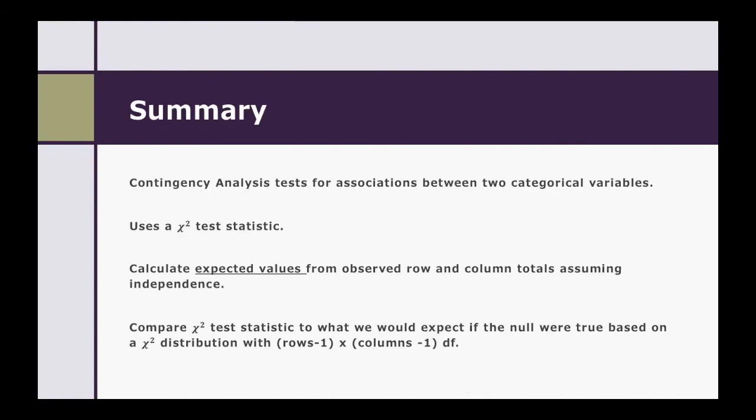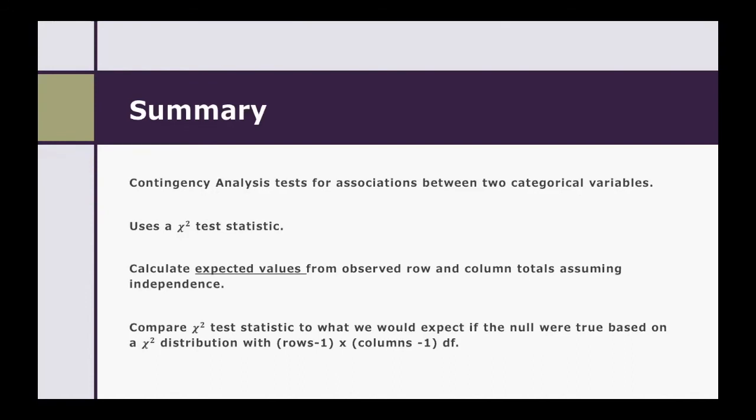But in this case, we calculate the expected values for each of our cells by looking at how many observations we had in each row and each column, and we calculate what the probability and the expected frequencies are in each cell on the assumption that these 2 processes are independent of one another.